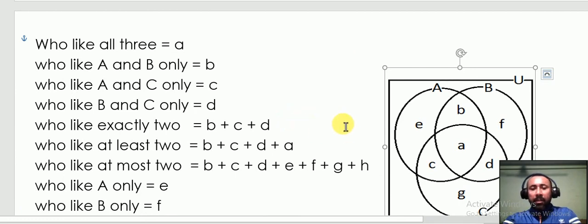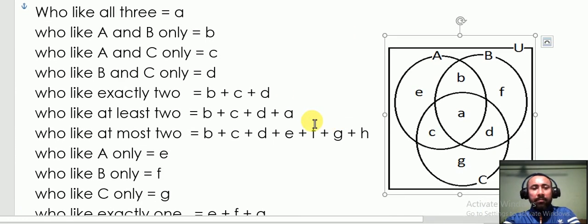So here let's move on to another section. Suppose we are asked to find who like all three. Then we go for the value a, that is the value for who like all three. Now the next one is who like A and B only, and that's b. Who like A and C only, that's c.